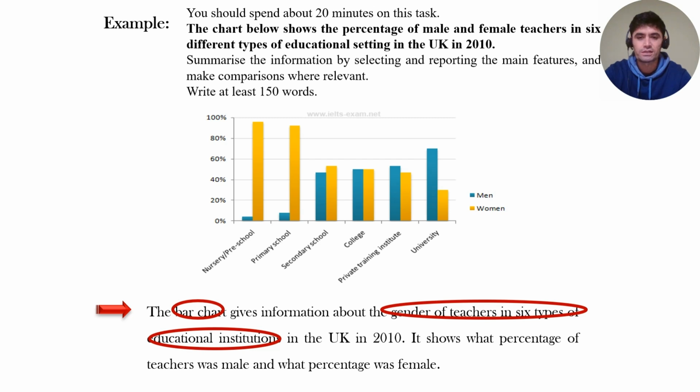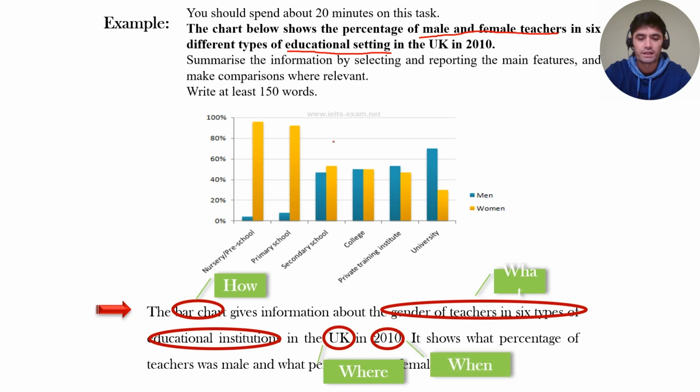So here, instead of using male and female teachers, I've paraphrased it to gender of teachers in 6 types of educational institution. So I've paraphrased educational setting to educational institution. In the UK in 2010. So these parts where I've highlighted basically answer these questions: how, what, where, and when.